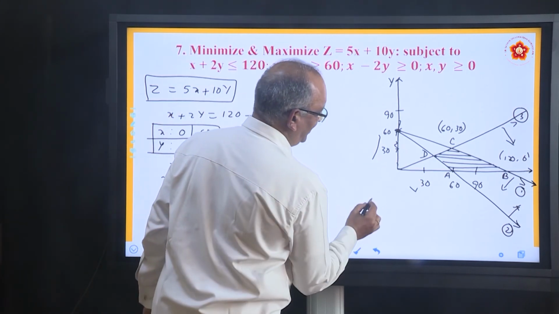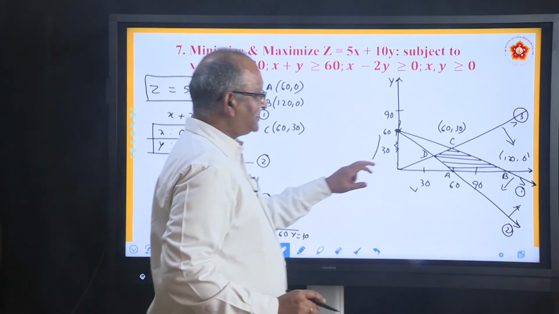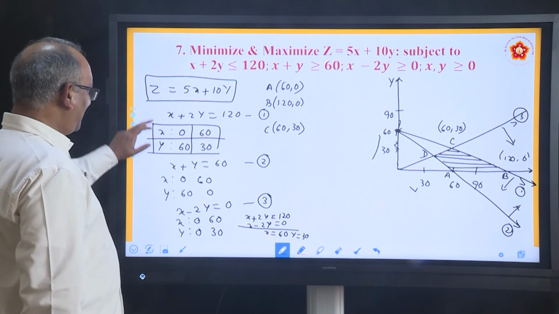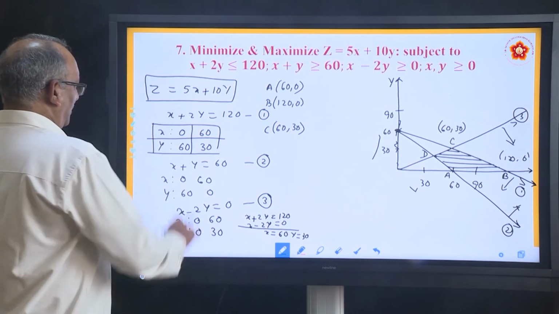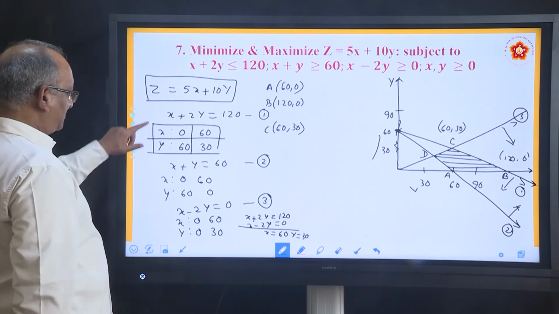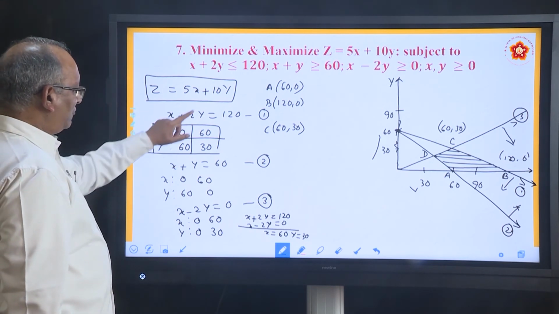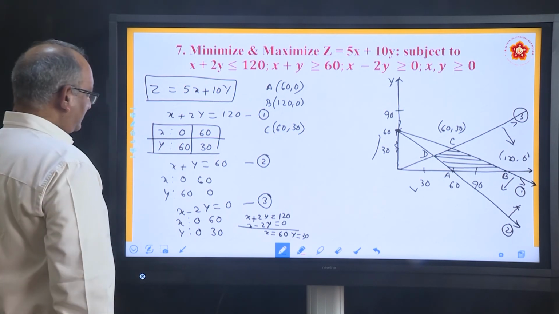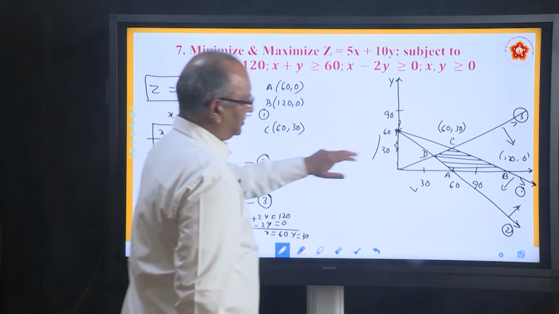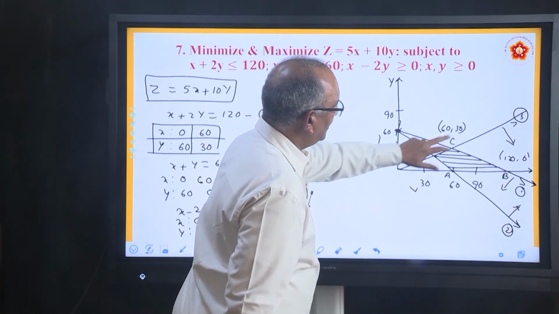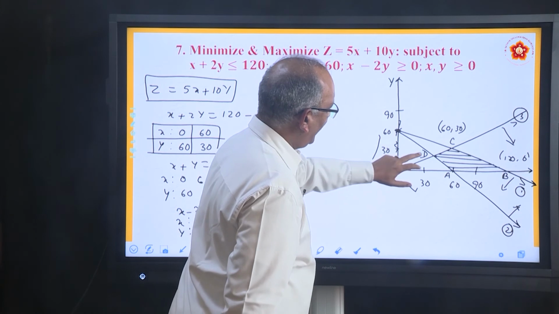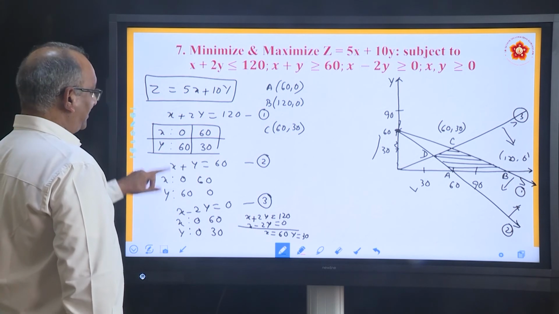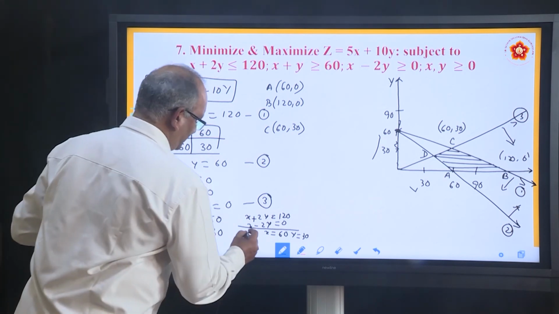Finally, you have D. D also you have to find out. What is D? Where 2 and 3 are meeting each other. 2 and 3 are meeting, not 1 and 3. So this also you can solve.